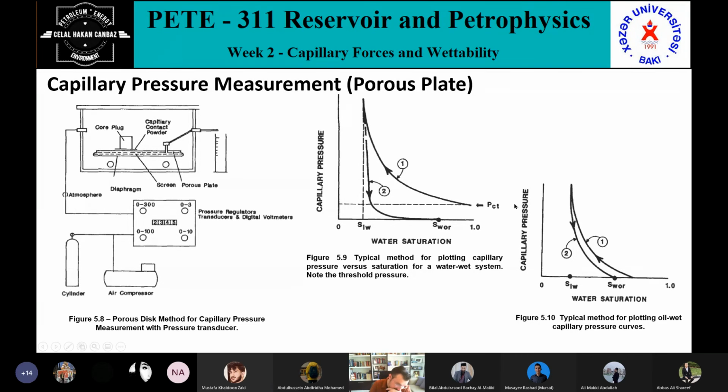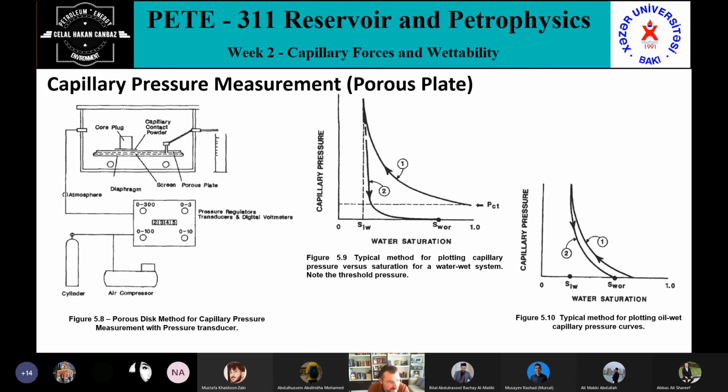So I have two figures here. One of them is oil wet, one of them is water wet. What is the difference between these two figures mainly? You mean 5.9 and 5.10?